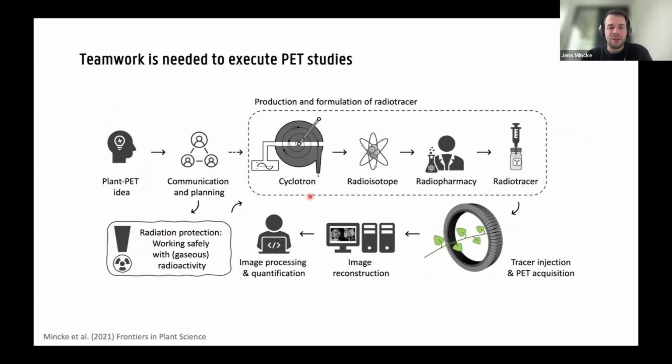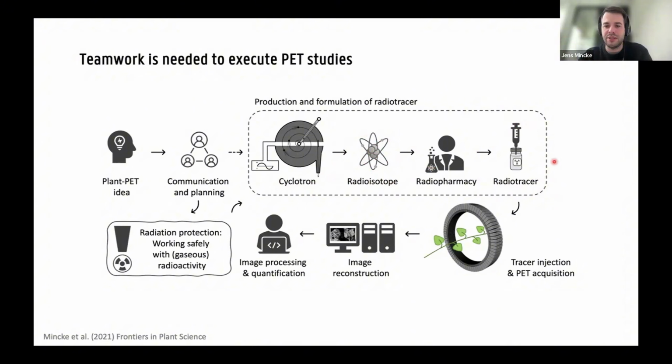Then, once you have selected a specific tracer, it starts with the production of the radioactivity in a cyclotron unit. Then the radioisotope is created, and a radiopharmacist formulates this radioisotope into the desired tracer, whether it be carbon dioxide or fluorine or radioactive water.